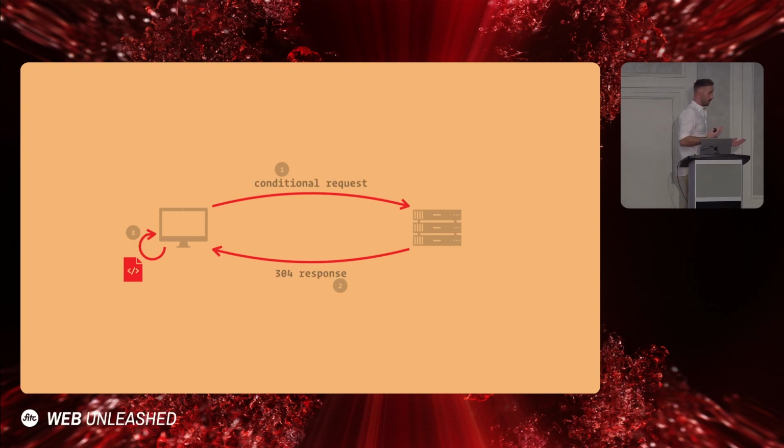If the server says, yep, I've got no changes here, you're still safe to use the copy you've got, the response comes back as just a header. It renews the cache policy and then pops that file out of cache. This time it comes out of cache just like the 200, but you'll see a 304 response. Every 300 class response is just a redirect, so you can think of a 304 as redirecting someone back to their own browser cache. All right, key concepts done.